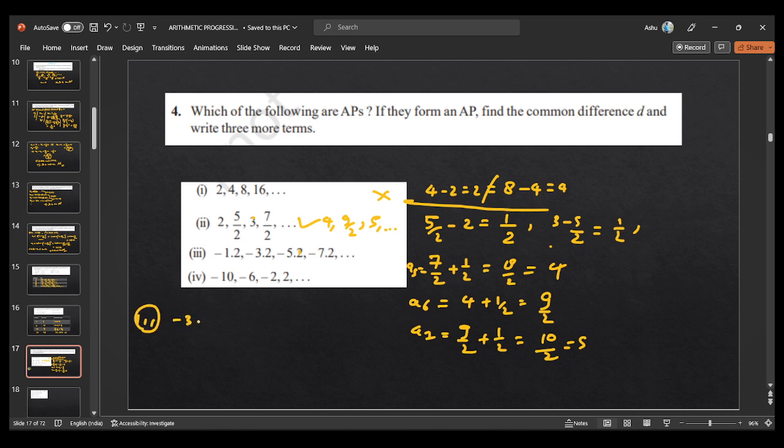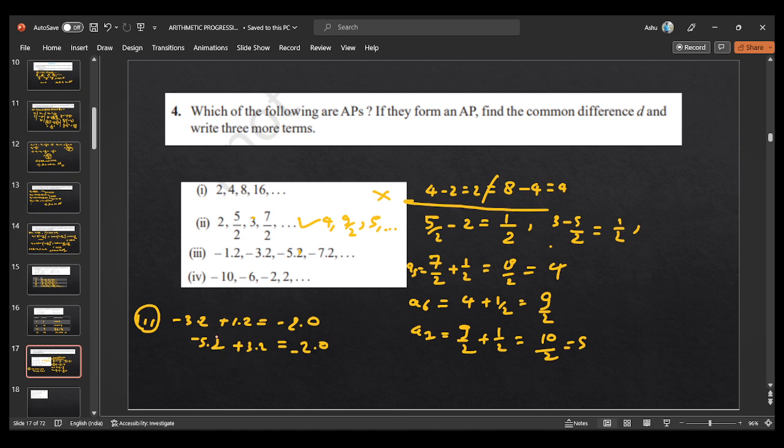Minus 3.2 minus 1.2 is minus 2.0. And next, minus 5.2 plus 3.2 is minus 2.0. So the differences are the same.